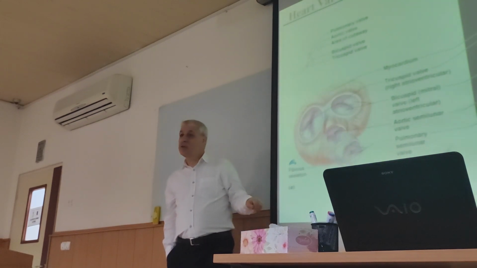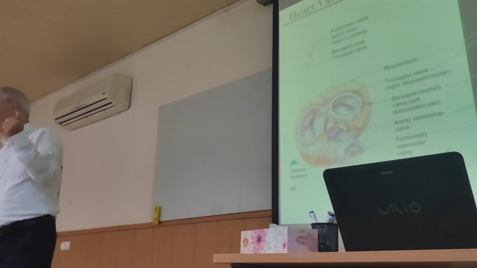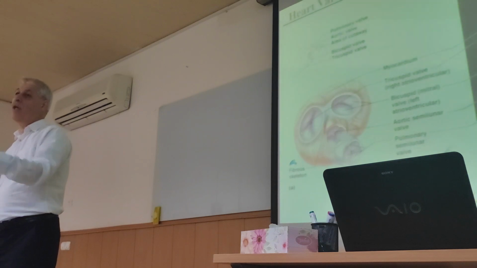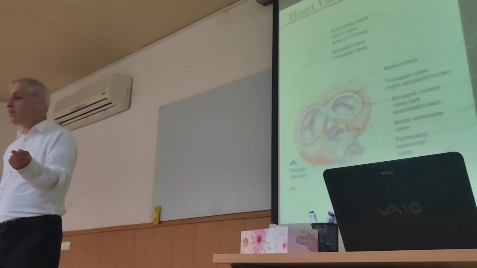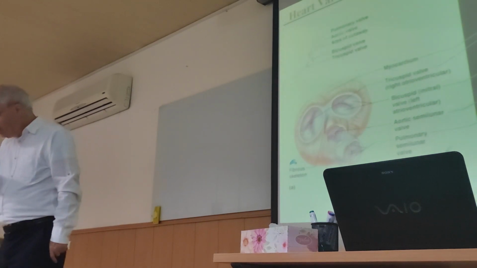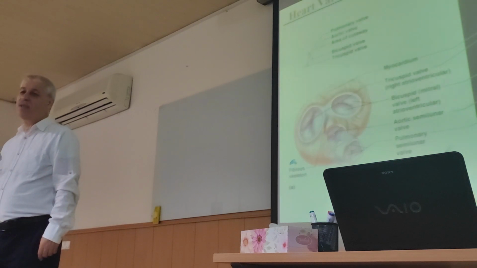The left main coronary artery, after branching off from the coronary sinus, is divided into two big branches. One is the left circumflex artery, which circles around the groove between the atria and the ventricle.